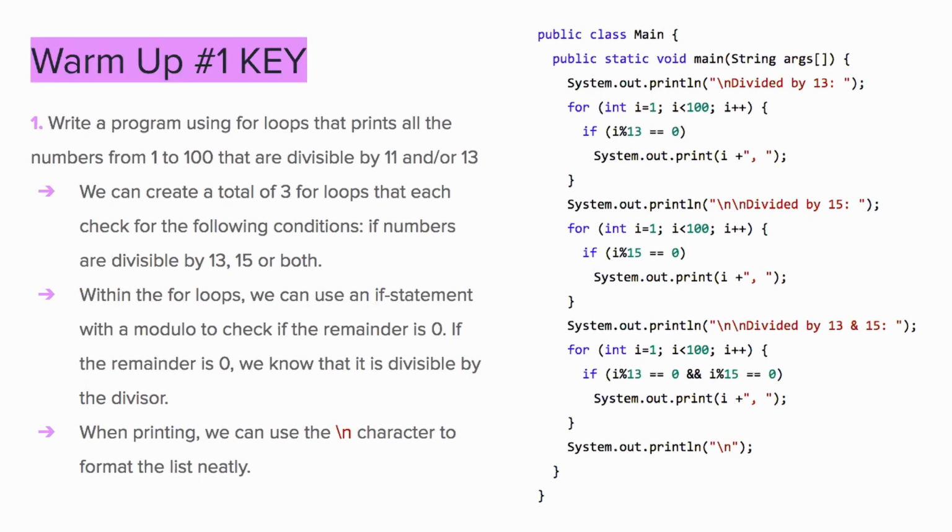If the remainder is 0, we know that it is divisible by the divisor. We test this with each number from 1 to 100 and divide by 13, 15, or both to see if the remainder is 0. If that is true, that number will be printed. When printing out the numbers divisible by 11 and or 13, we can use the \n character to format the list neatly.